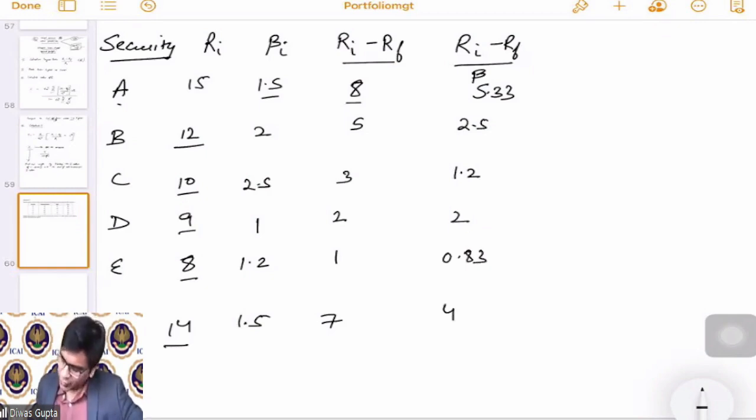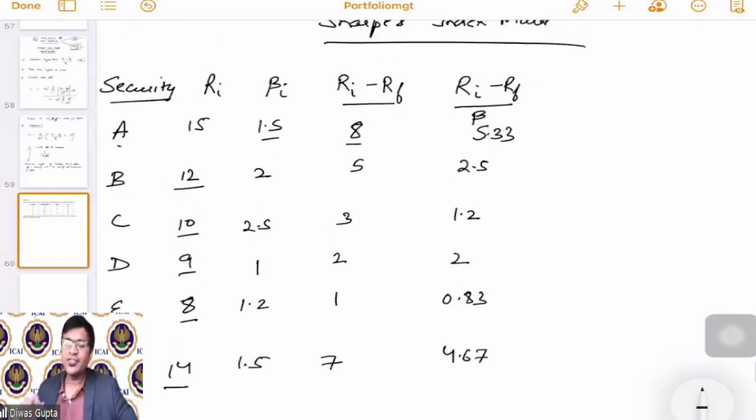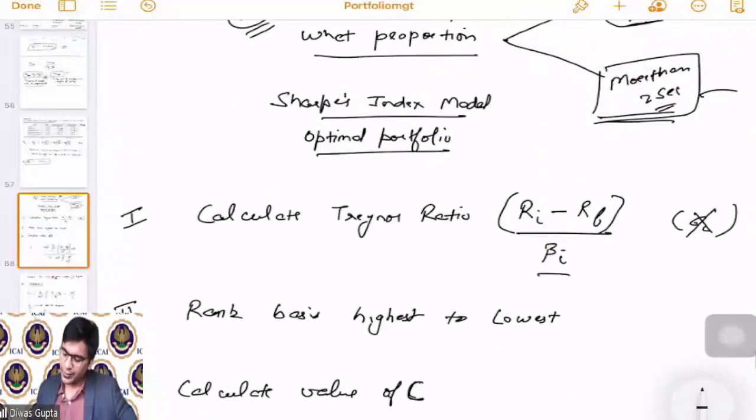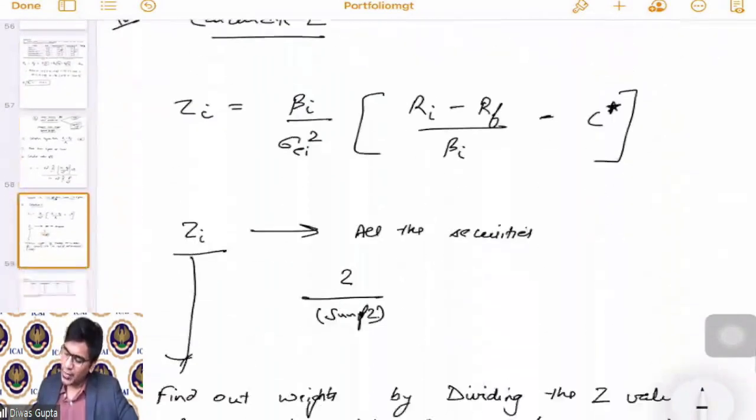Then comes 4.67, which is 7 divided by 1.5. So this part is also clear. Till now we have done the first step, which is this calculation. Now let us go to the ranking from highest to lowest.